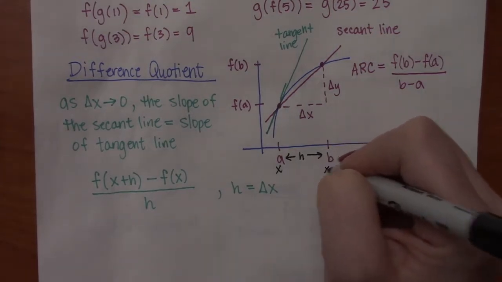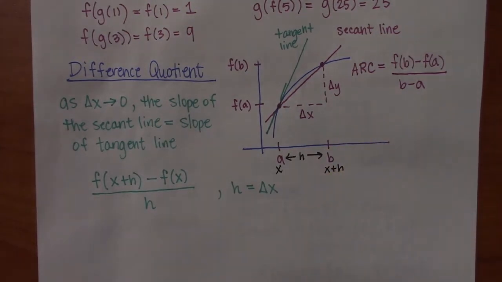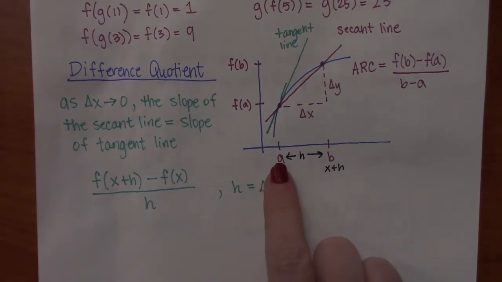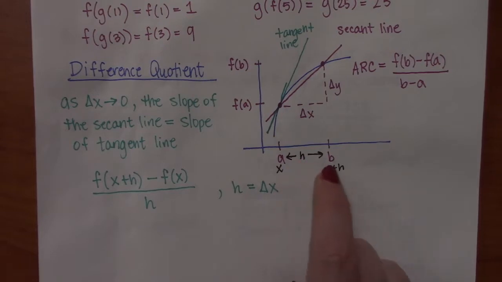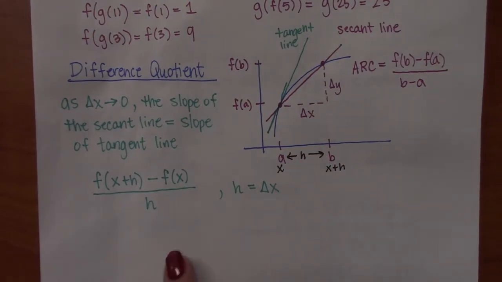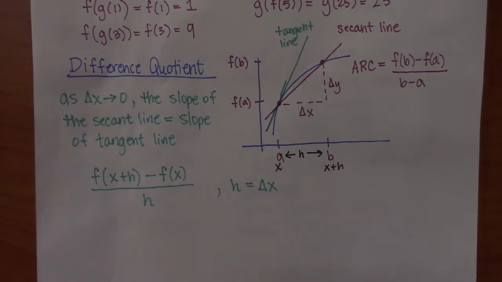So this value b is actually x plus h on the x-axis. Remember, when you're reading a number on the x-axis, it's the distance back to 0. So x is the distance all the way back to 0, and then this distance x plus this value h is where b is located. So that's what this difference quotient is giving you: the change in y, now in a new notation, over the change in x, which is h.